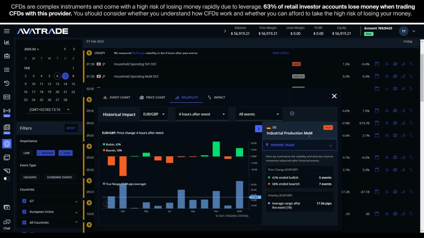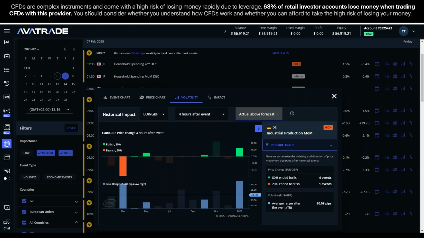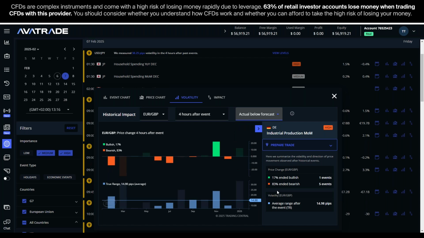But if this industrial production comes in above forecast, okay, 80% of the time the euro strengthens against the pound. That's what's happened in the past. So if it comes in below forecast, 83% of the time the pound pulls the euro down, just the flip opposite. So you see that these numbers, when they come in out of Germany, have an effect on the movement of the euro GBP.